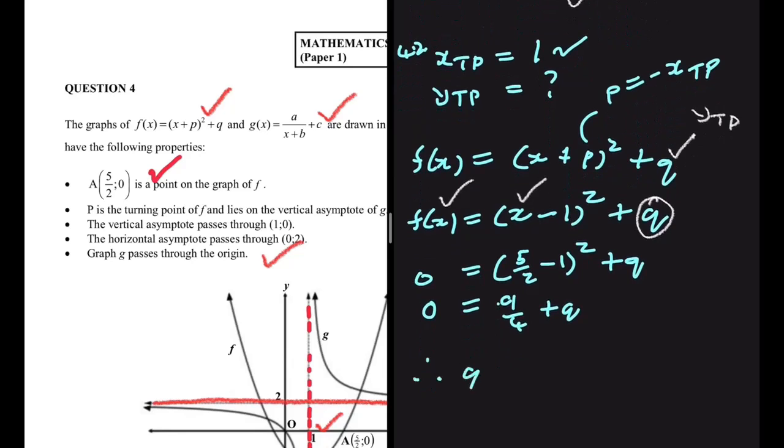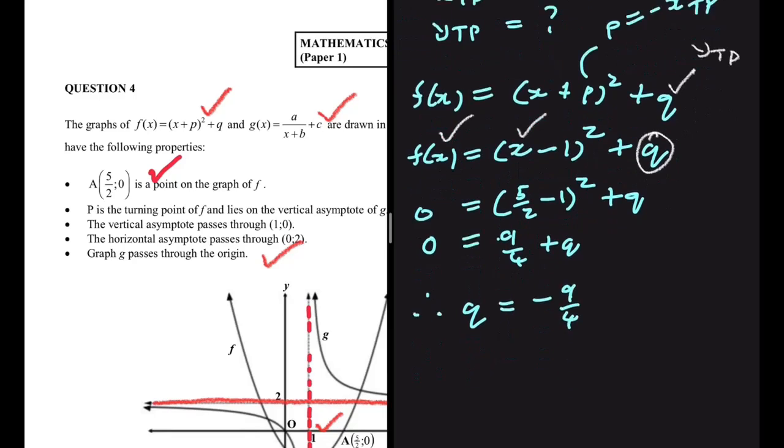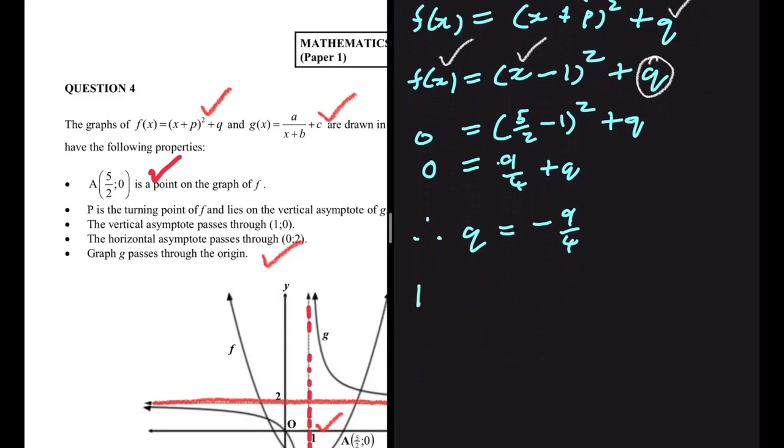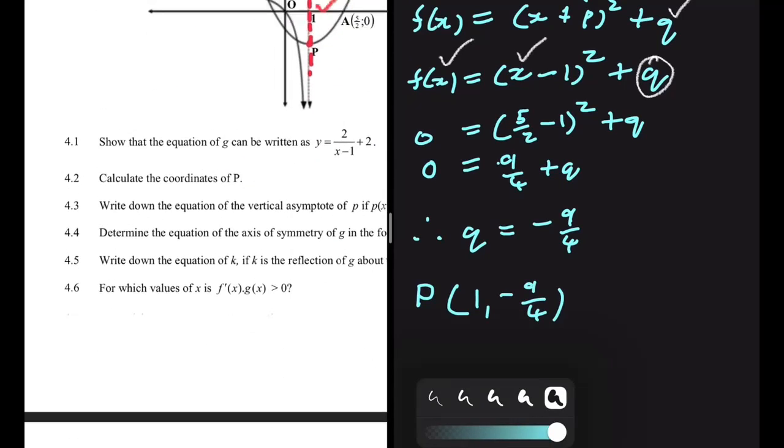So q will be equal to minus 9 divided by 4. That is to say that the coordinates of the turning point are 1 and minus 9 divided by 4. Let's move to 4.3.